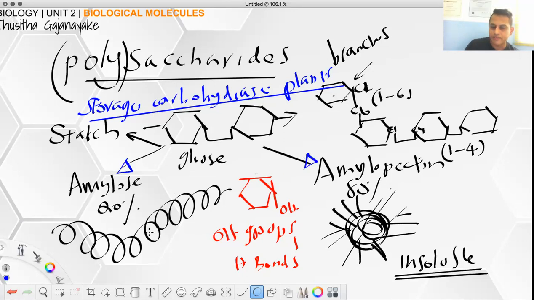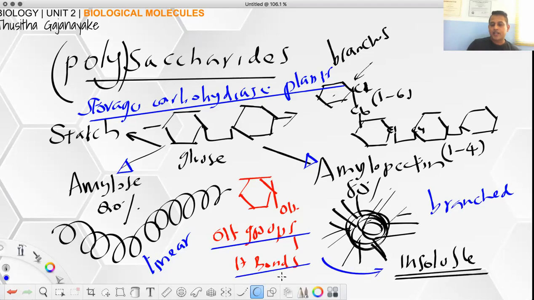They are structurally different. Amylopectin is a branched molecule. Amylose is linear. So OH groups make hydrogen bonds. As a result, they are insoluble. OH groups are not available to react with water. So any questions about the lessons so far? Do we need anything to ask?